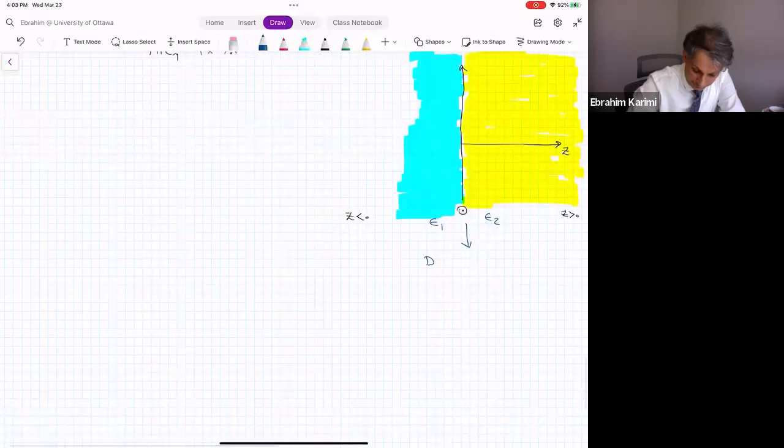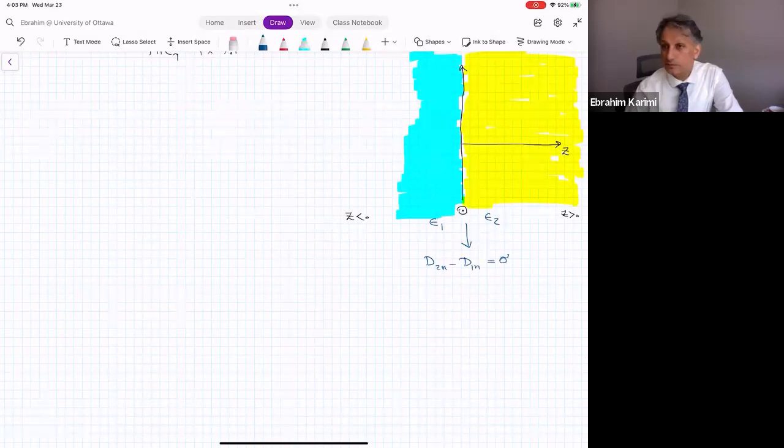D2n minus D1n should be equal to sigma. Good. And E1t is equal to E2t. That was another condition that we had.